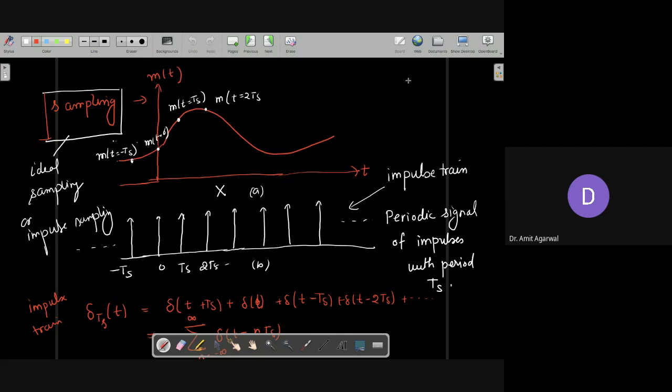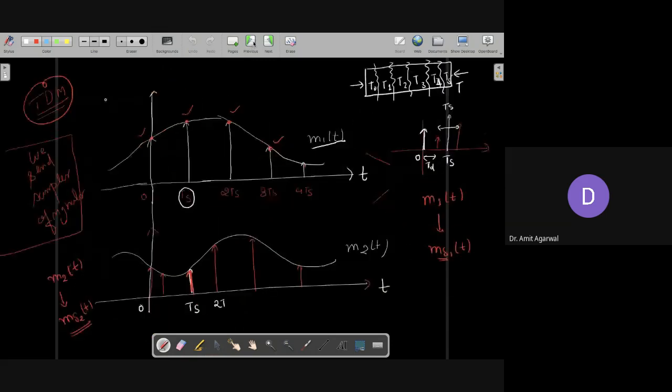See, every impulse has two properties, right? Its location and its strength. So this is your periodic impulse train, and you can think of your sampled signal like this. This is called ideal sampling.